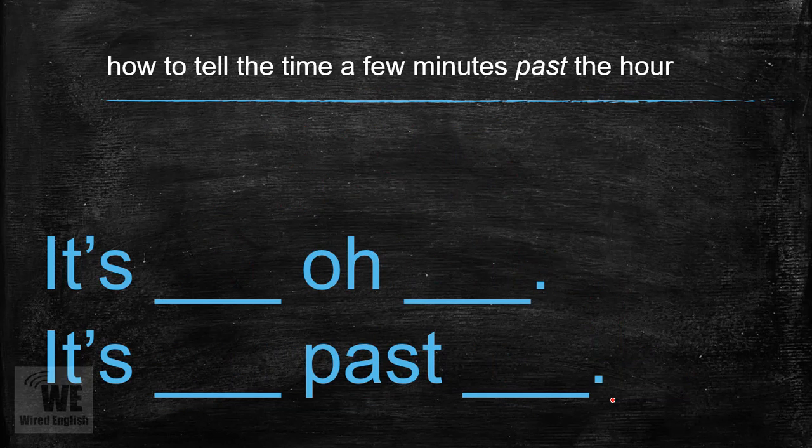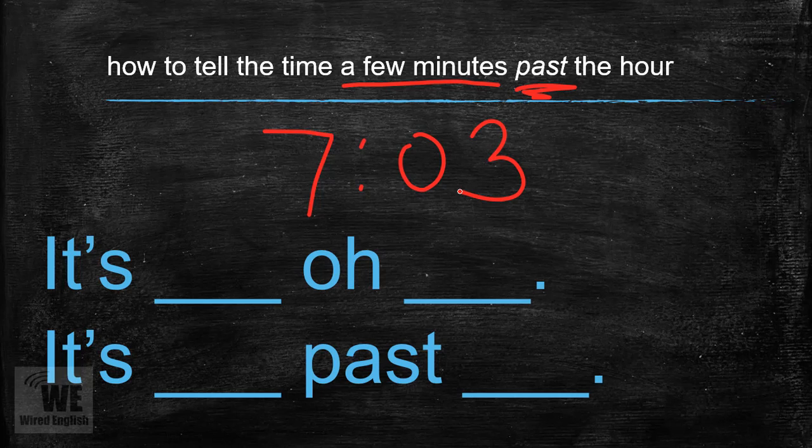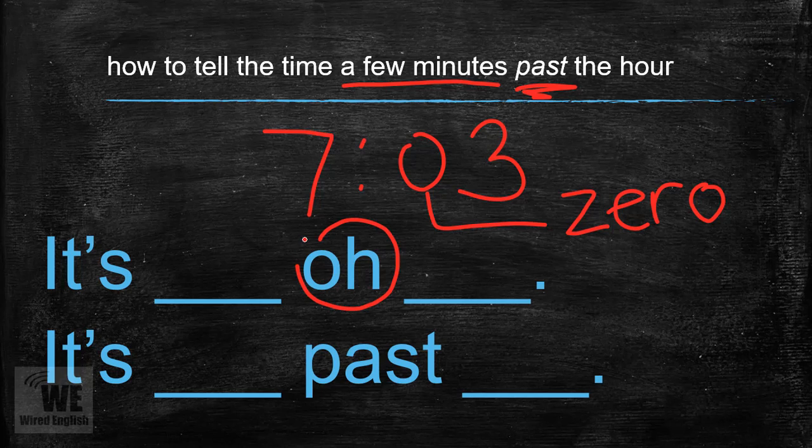Okay, now how do you tell time when it's just a few minutes past the hour? For example, 7:03. Well, instead of saying 7:03, another way to say 0 is O. So we just say it's 7:03. Okay, it's 7:03.